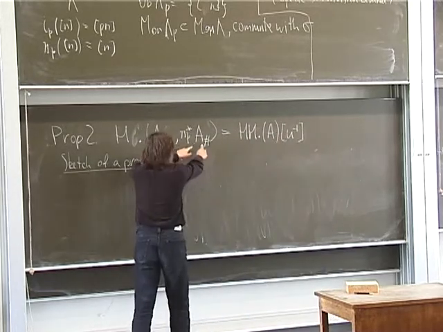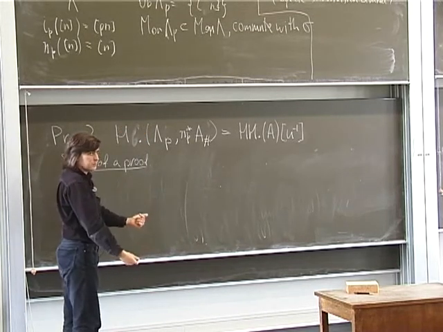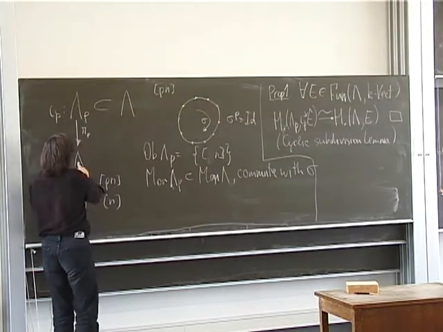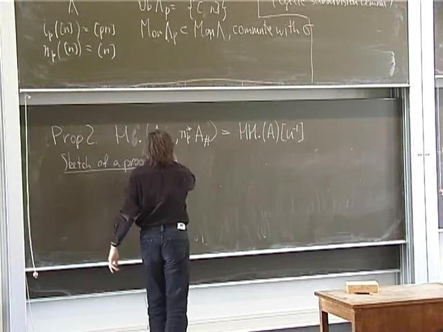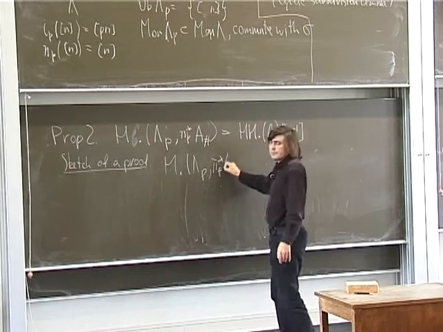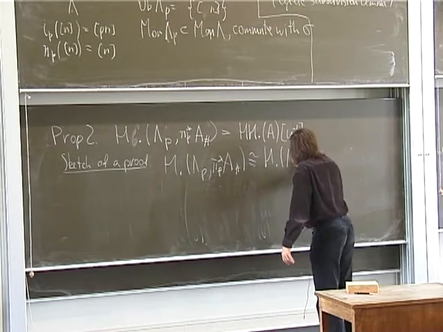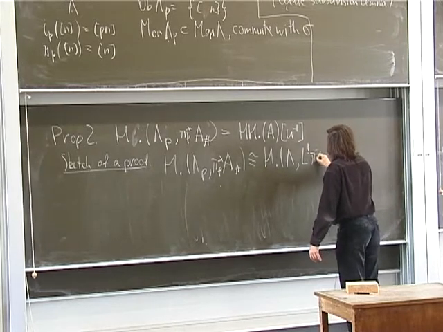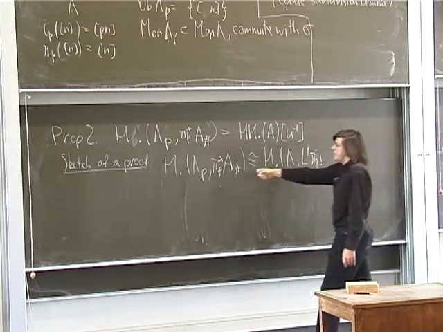So what do we do here? We take something, pull it upstairs, and then project just to the point. So equivalently, we can pull it upstairs, then project downstairs, and then project to the point. So this thing here is tautologically isomorphic to the homology of lambda with coefficients in the derived functor of the projection applied to the same thing.